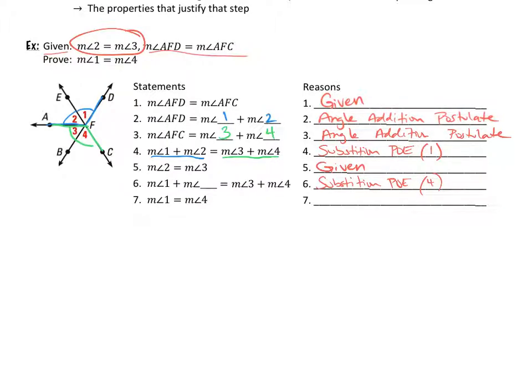And then when we look ahead to step 7, we've subtracted something off of both sides, and that something had to be the same thing. So it was the measure of angle 3 there. And so we know that our reason for statement number 7 is that I subtracted the same thing from both sides, so that is the subtraction property of equality.